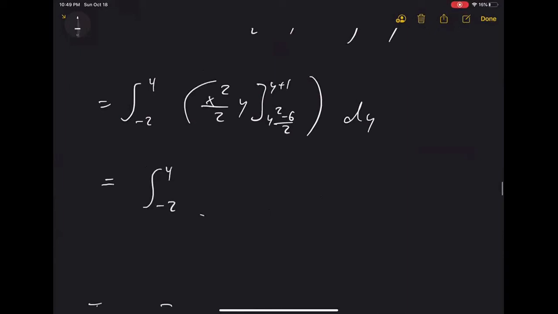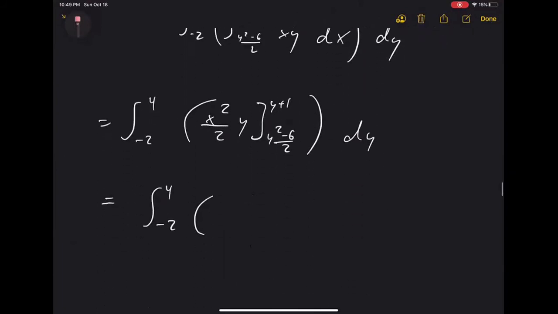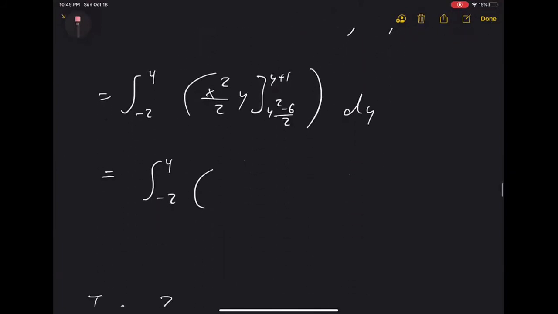Let's see. This x squared over 2, I could have brought out, but we might as well leave it now. X squared over 2 times, oh, I'm sorry. We're integrating with respect to x, right? So I'm plugging this in for my x's.